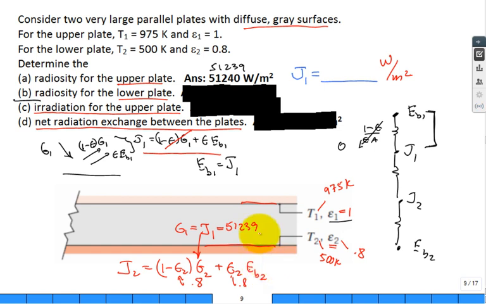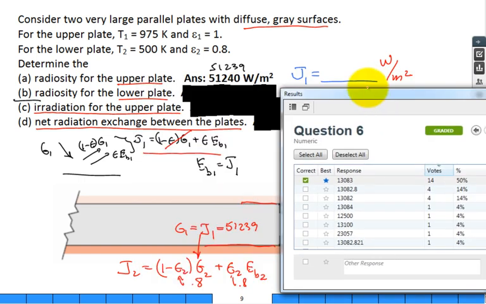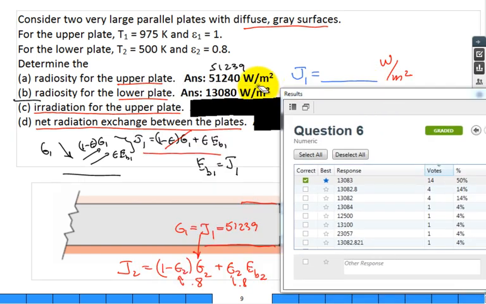You add it all up, and we got 1308. Oh, it's close enough. Is that right? That's close enough. I guess I'll give this credit.